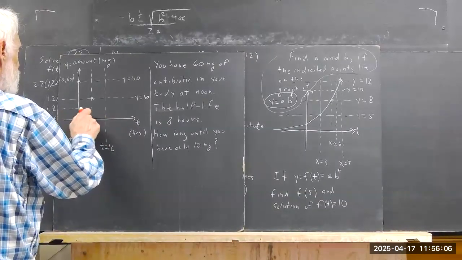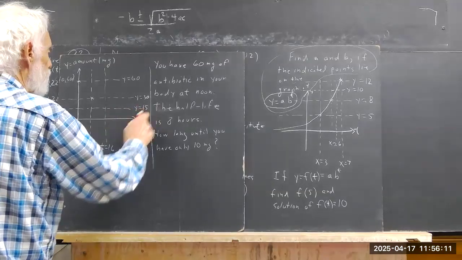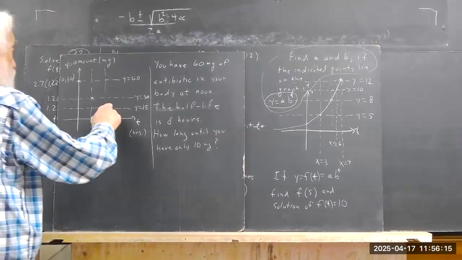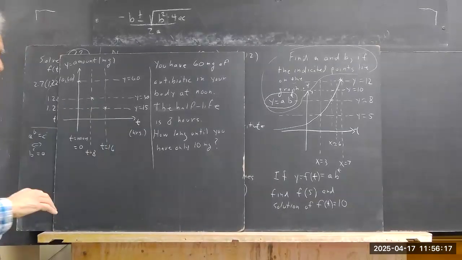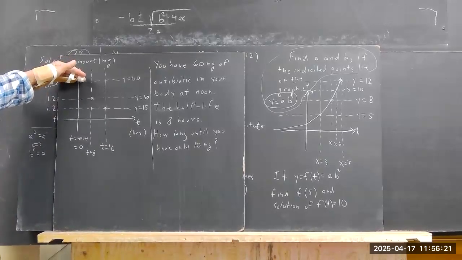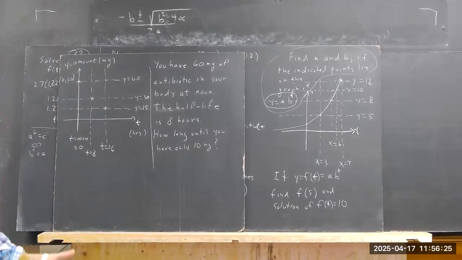And t equals 16 now, you're going to be at y equals 15. You're going to be at this point. Does this remind you of anything? Well, you're starting at the top and you're going halfway to the t-axis, right?